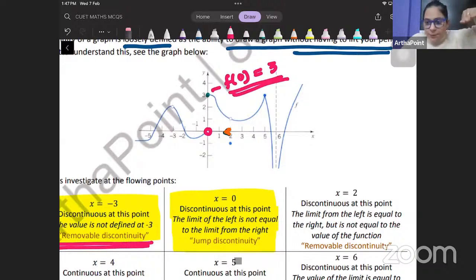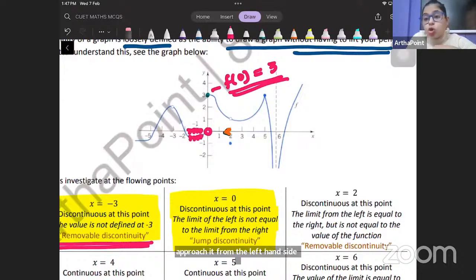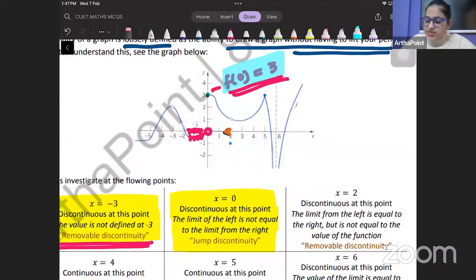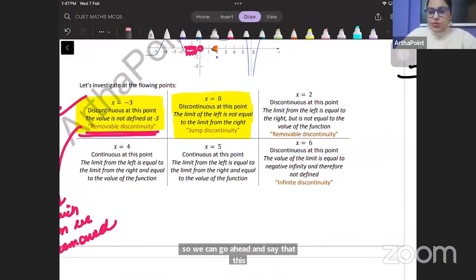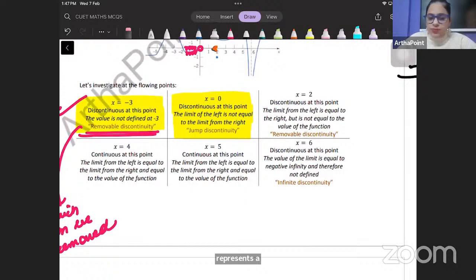But when you approach it from the left hand side, जब आप यहां से approach करने की कोशिश कर रहे हो, it is going towards 0. So it is going close to 0. But जैसे ही 0 हुआ function का x का value, the function takes the value 3. So we can go ahead and say that this represents a jump discontinuity. ये jump discontinuity हो गई.